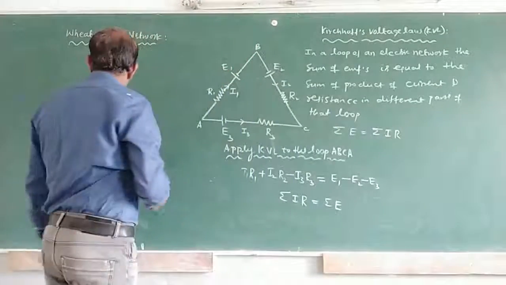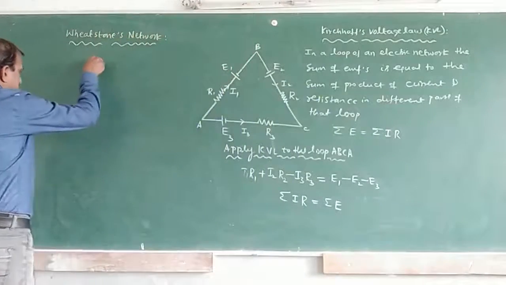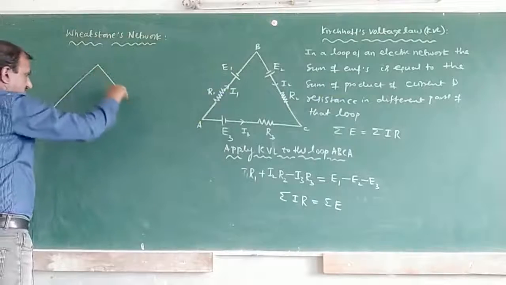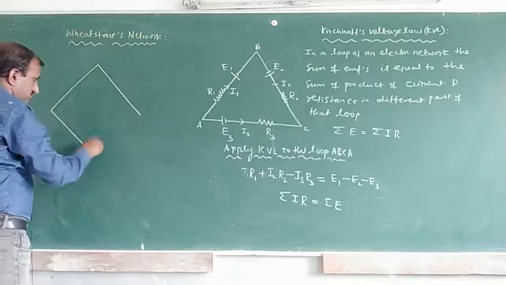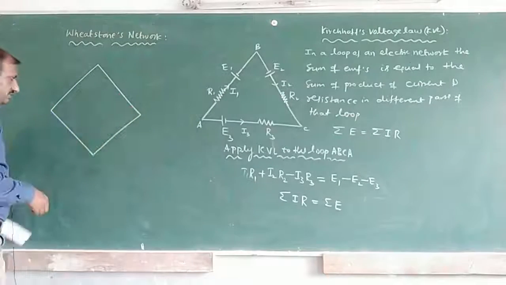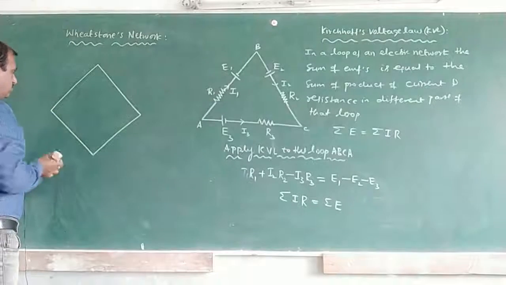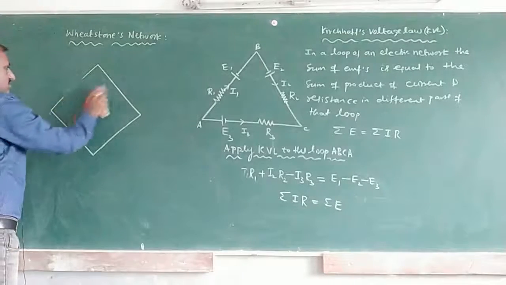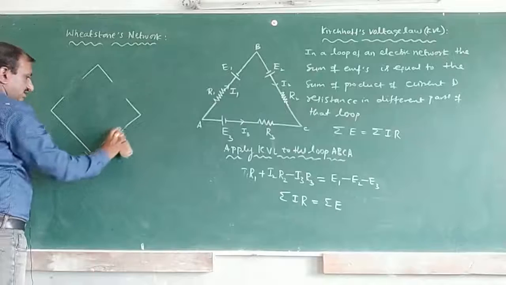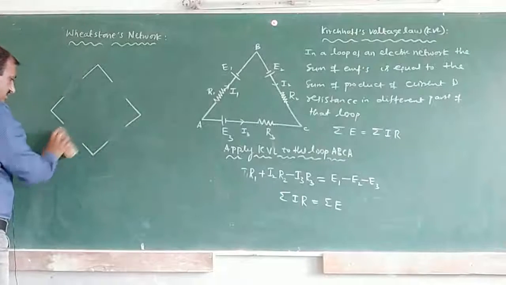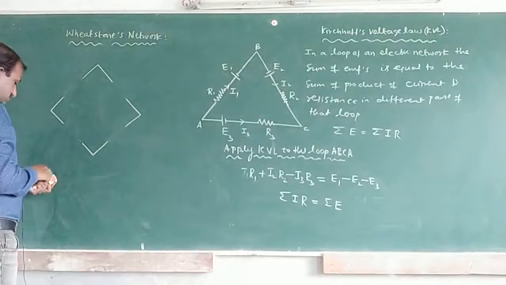See here, this is a Wheatstone's network. As I said, it consists of four resistors connected so as to form a quadrilateral.